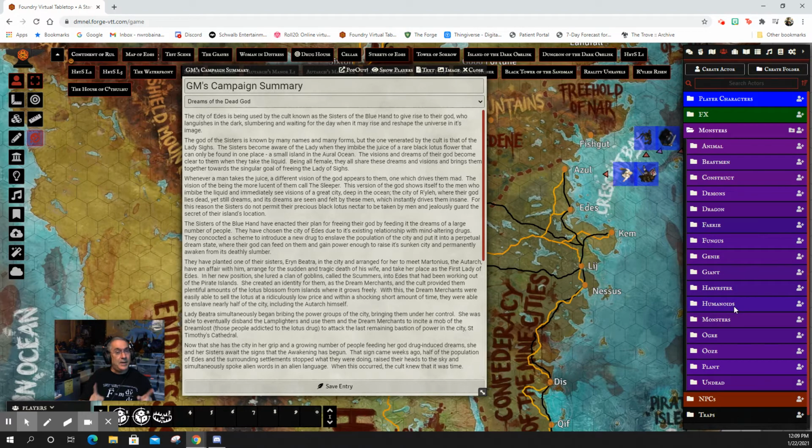But timing was bad for the church and good for Lady Beatra, because the orcs of the empire, as you know, have taken over the empire, and there's now an orc emperor, Drudge, who killed the human emperor and is now ruling the empire. Well, they have been putting pressure on the kingdom of God and have now declared war on the kingdom of God.